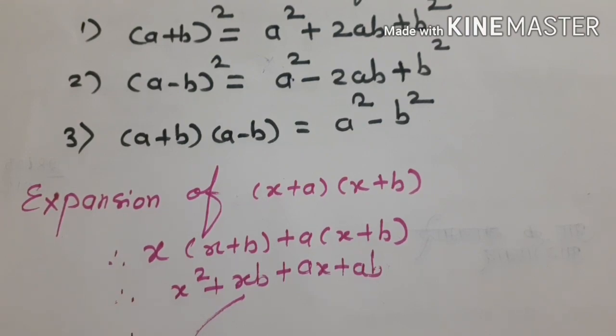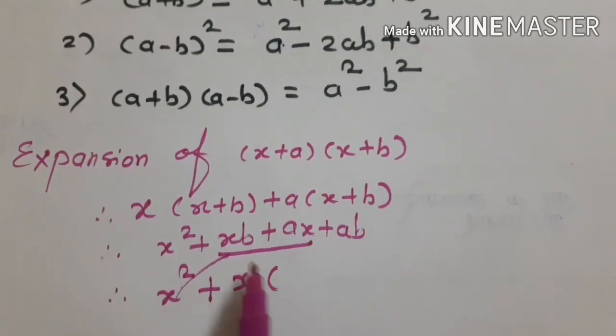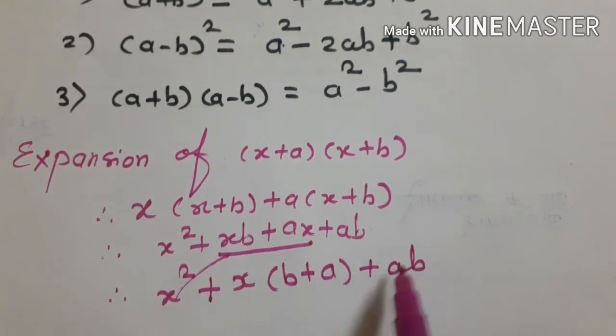Now x square as it is, plus here xb and ax. Here is x and here is also x, so we take x common outside the bracket. Now here the remainder is b and here the remaining is a, and this ab as it is. Therefore we write x square here, same here.